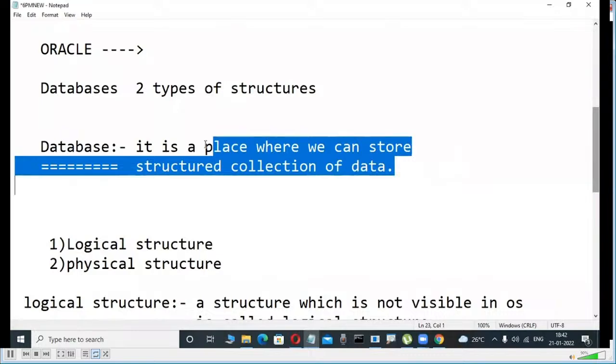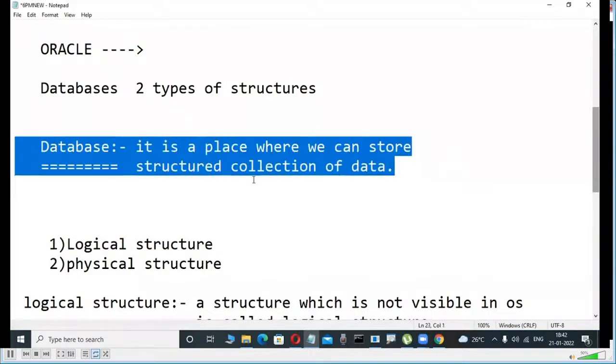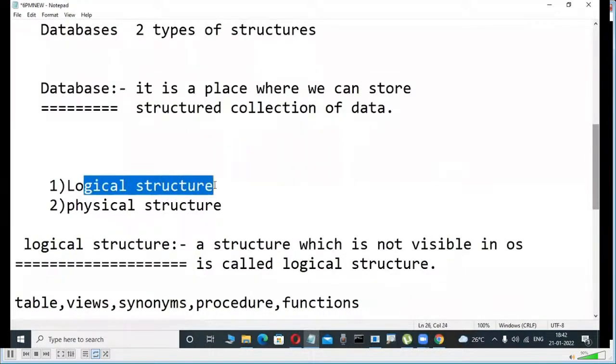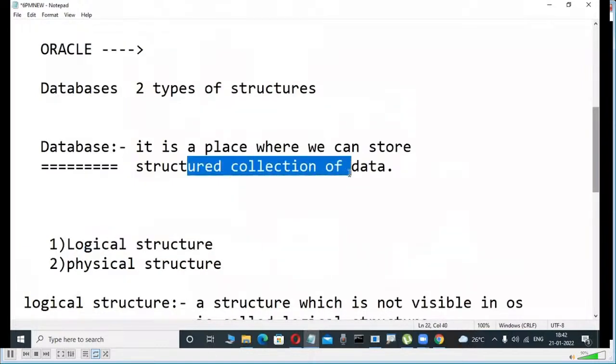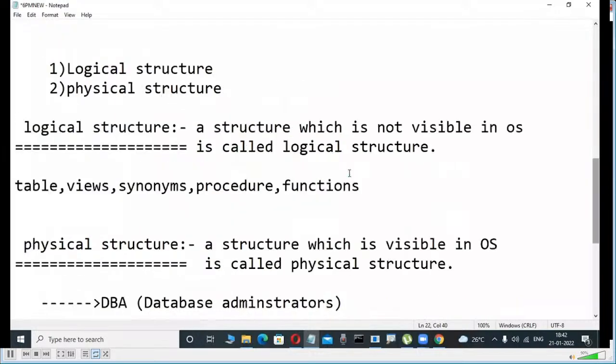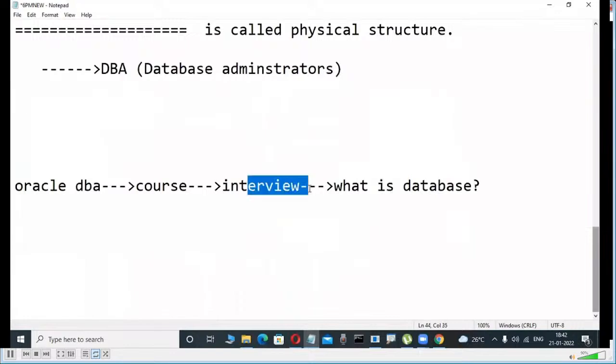Why? Because this is the developer definition. Developers are good logically. A table is nothing but a structured collection of data. They have that idea, that's why you also say a structured collection of data. Maybe that's okay from their point of view, not a problem. They think in an easy way, they tell only the logical way, which is understandable. But unfortunately, a DBA person has different knowledge.